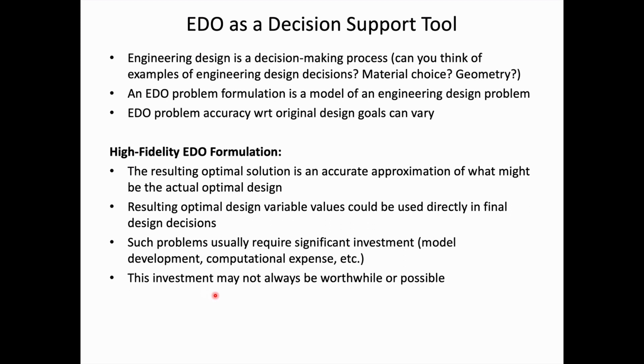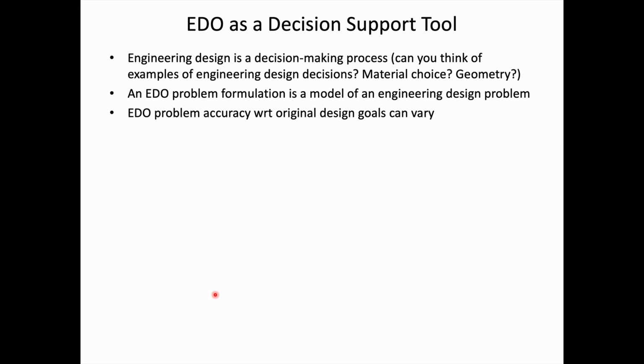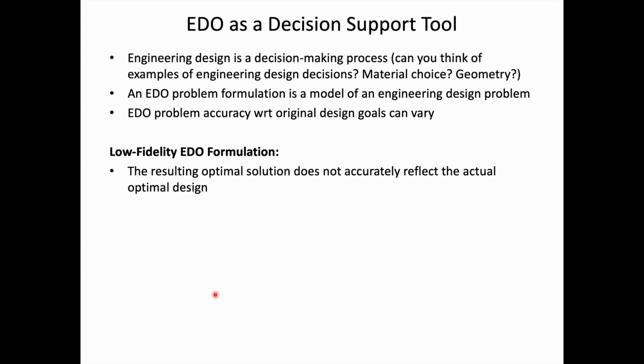Sometimes we need to back off from that and think about what is an appropriate level of investment into our design optimization efforts. So let's look at the other extreme, low fidelity engineering design optimization formulations.